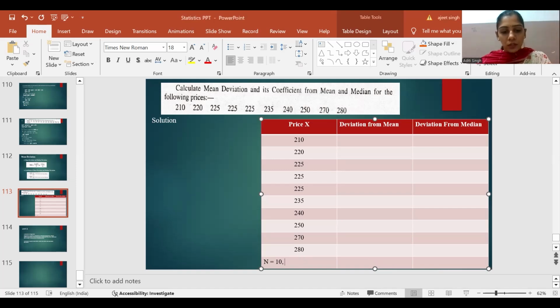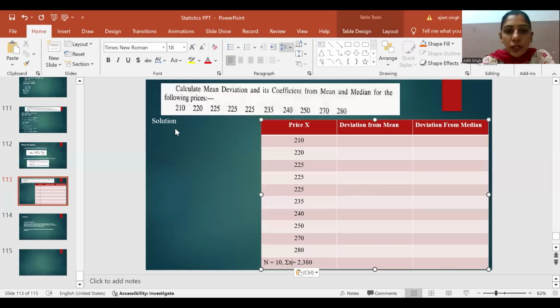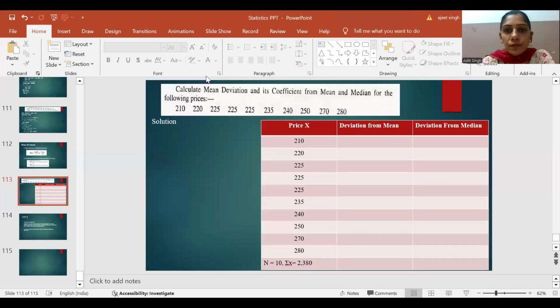So the sum is 2380. Okay, so this is sigma x. If we have to calculate the value of mean, the mean value x bar is equal to summation x divided by n.